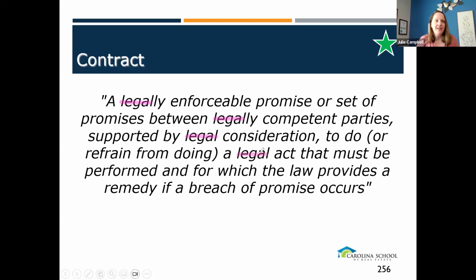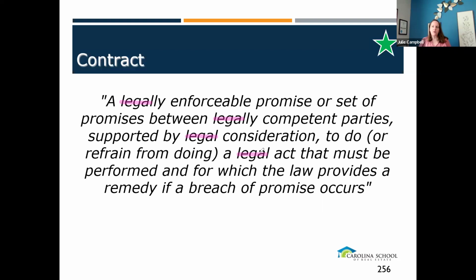A contract is a legally binding document between two parties that have agreed to enter into the contract together. It's got to be supported by legal consideration, which we'll talk about, and it's got to be for a legal act. You cannot have a legally binding contract for an illegal purpose.